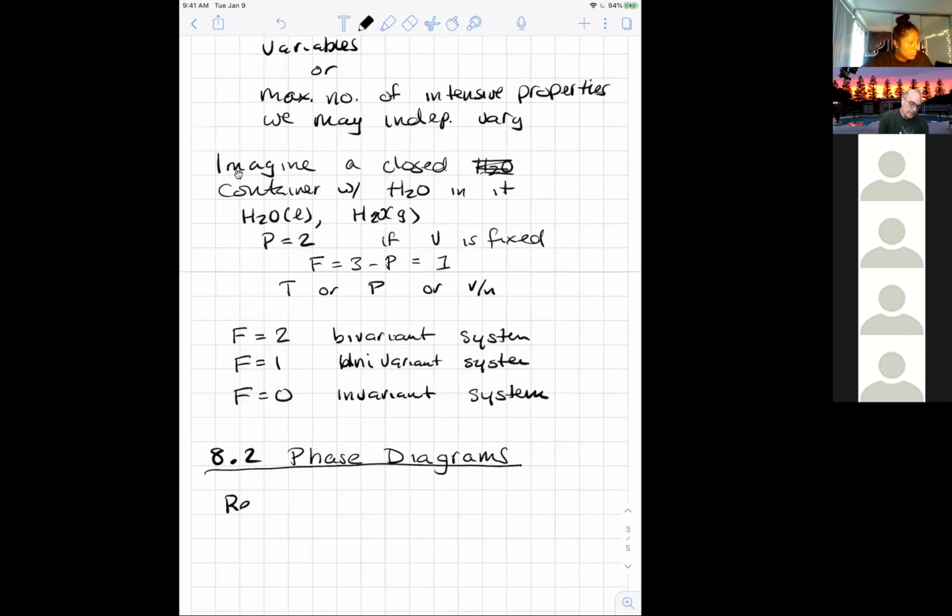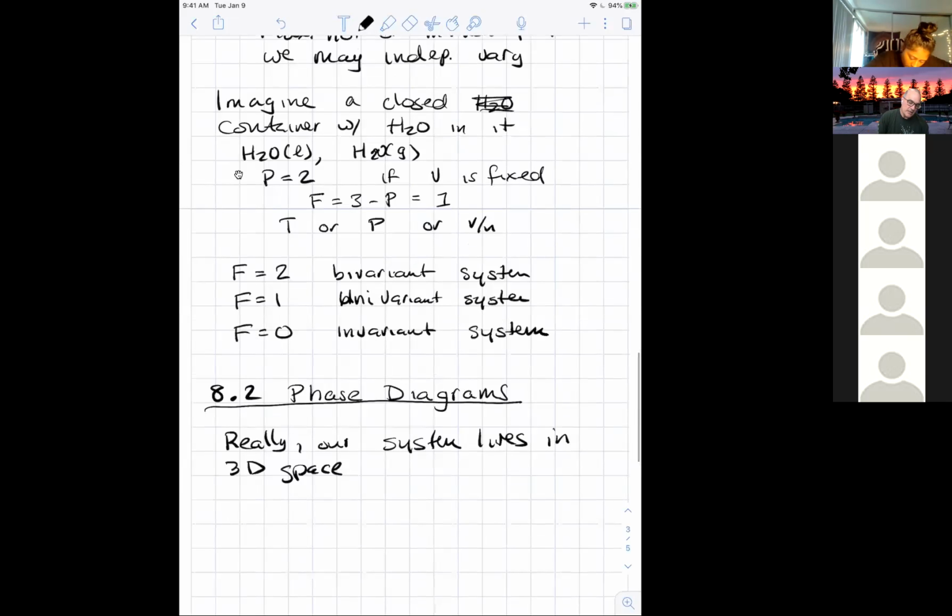Really, our system lives in a 3D space. So for example, this might be temperature, pressure, and volume, or temperature, pressure, and amount, right? Because we need one extensive variable.